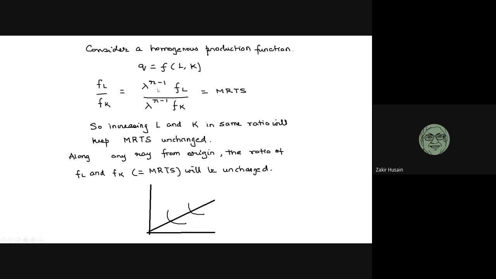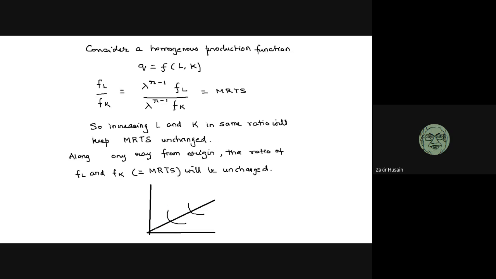Okay, so this lambda part cancels out. So therefore, if we increase labor and capital in the same ratio, this will keep the marginal rate of technical substitution, the slope of the isoquant, unchanged.